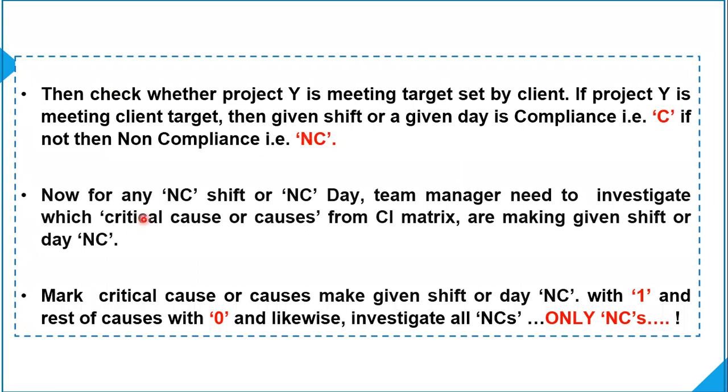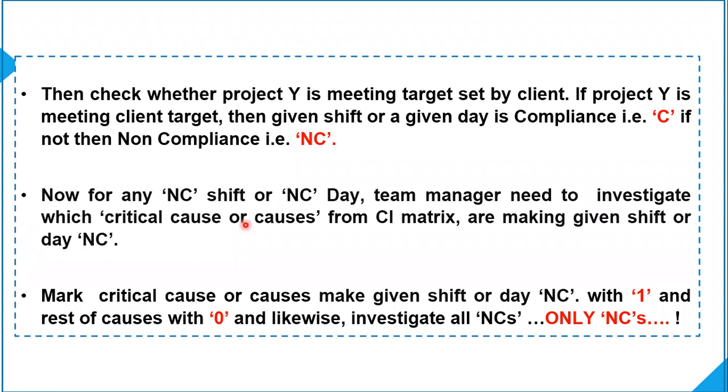Now for any NC shift or NC day, if you're maintaining the given metric on a day-wise basis, then NC day. If you're maintaining your metric on a shift-wise basis, then NC shift. So in our current case of PT non-compliance, we capture processing time non-compliance on a per shift basis.